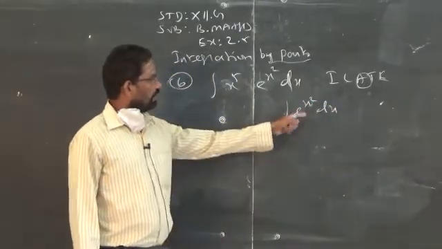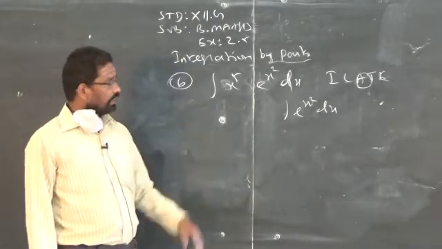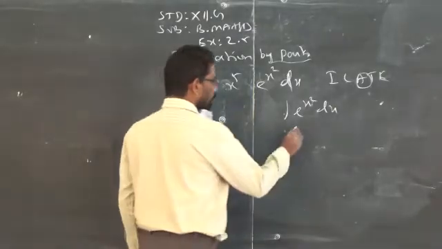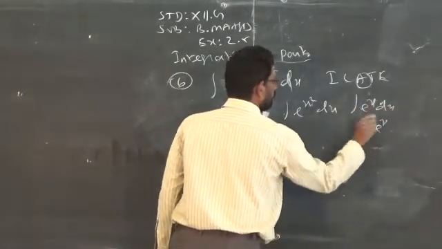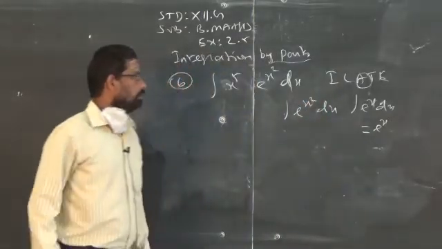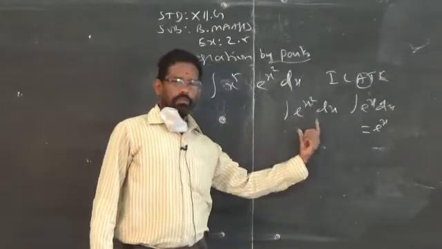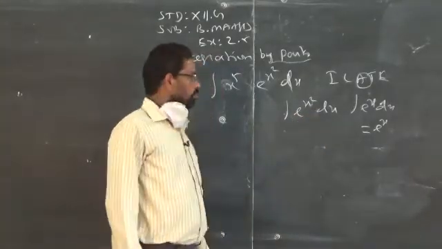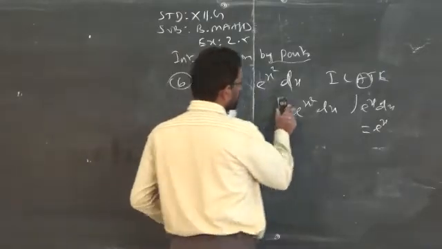But you cannot have a direct formula to find the integration of e power x square. We have a formula only for e power x. Integration of e power x is e power x. When x has power 2, 3, 4 other than 1, we don't have an integration formula. So in this case, you go for a substitution method. It depends upon the question.